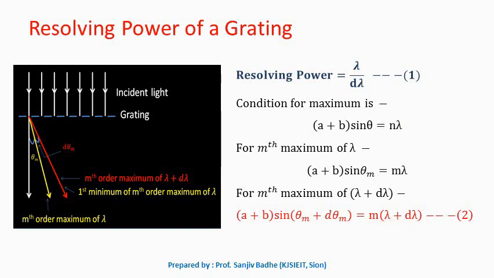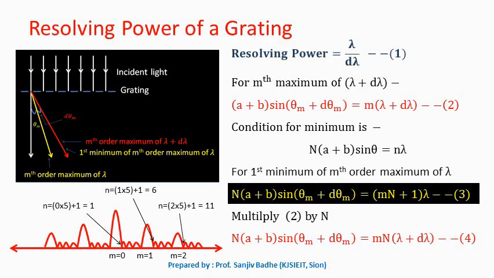So, this is the condition for mth order maximum of lambda plus d lambda. Let us call this equation number 2. So, we have written the condition as a plus b sin theta m plus d theta m equal to m into lambda plus d lambda.